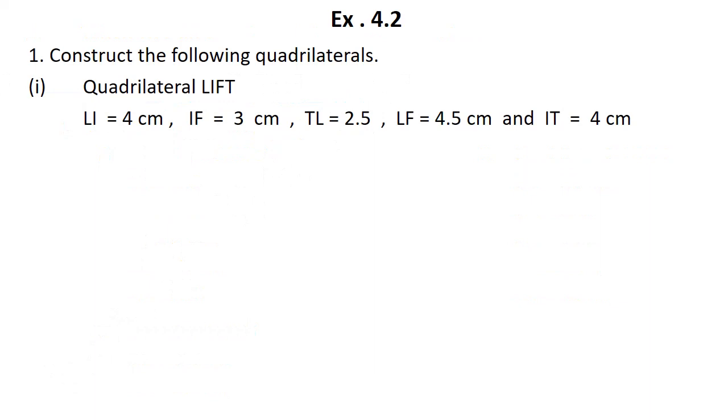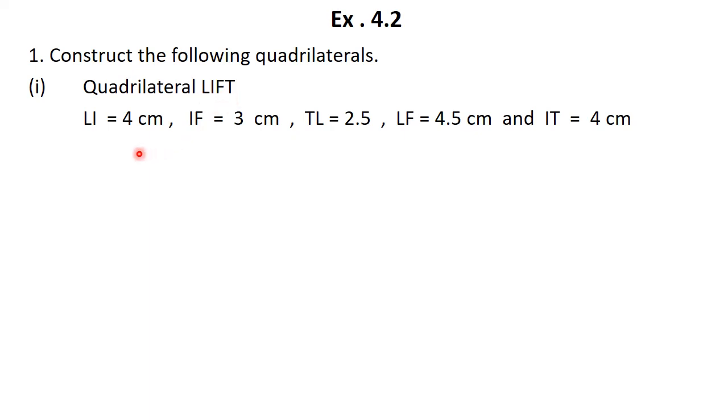From exercise 4.2, now let me do the first part of question number 1. So here also we need to construct the quadrilateral. The name of the quadrilateral is LIFT. L-I-F-T.